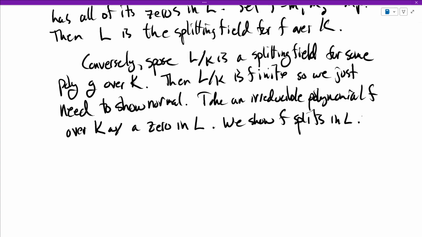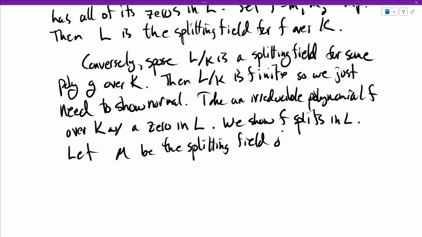Okay. Now what could happen? Well, it could not split, right? So let M be the splitting field of f over L. f is a polynomial over K, L is an extension of K. If we have coefficients in K, we have coefficients in the extension.